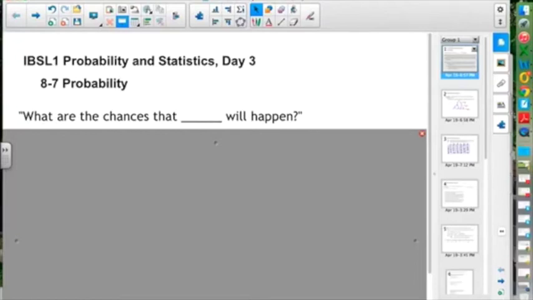But basically, when we're talking about probabilities, we're trying to answer the question of what are the chances that something is going to happen? Now, probabilities are used in calculating insurance costs. They're used in athletics. They're used in picking which route you're going to take to work.